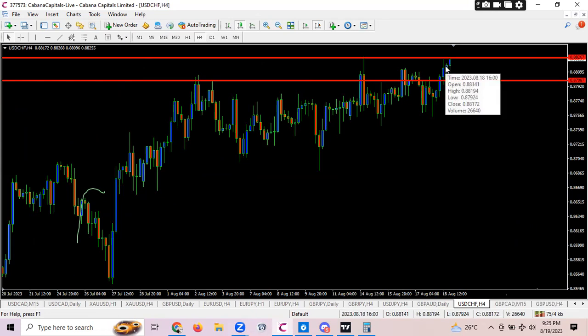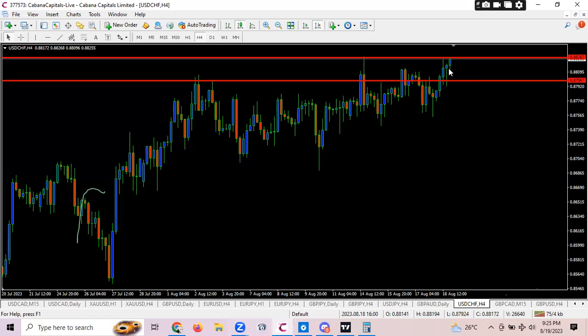After the formation of a bullish candle, it is expected that the next candle closes bearish before we sell. But the next candle closed bullish, so we cannot sell. If the next 4-hour candle closes bearish, then we can consider selling.